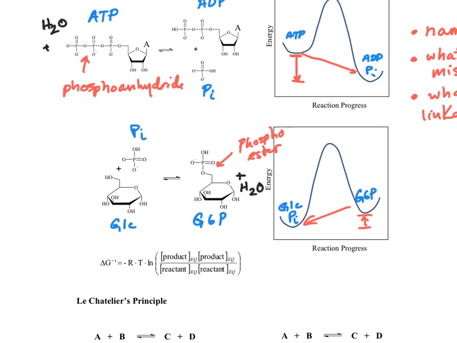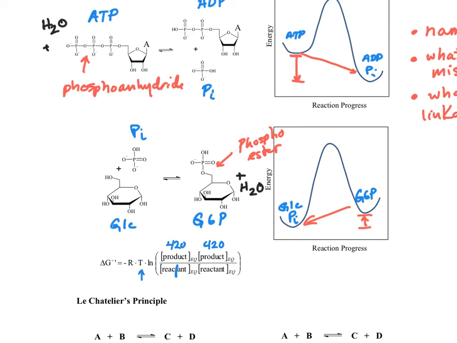We would have 420 of ADP and 420 of phosphate for every 1 of the ATP reactant that we have.